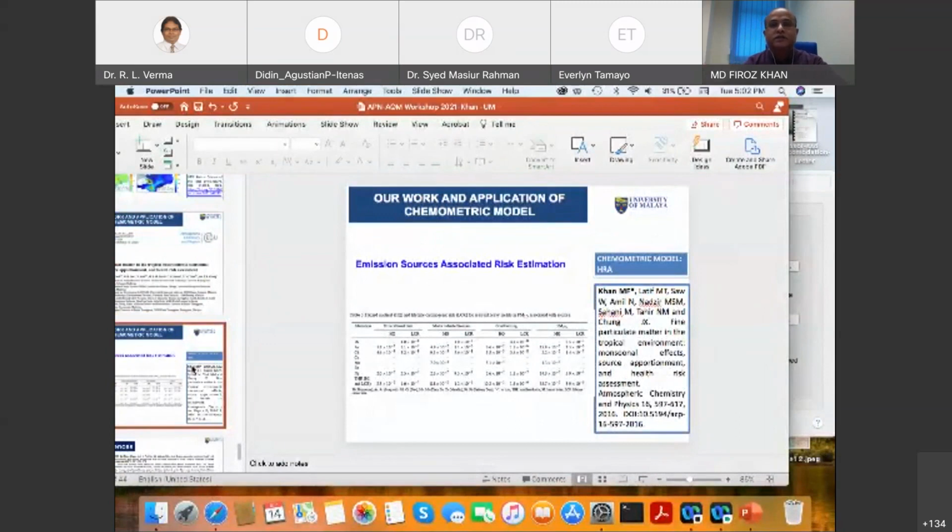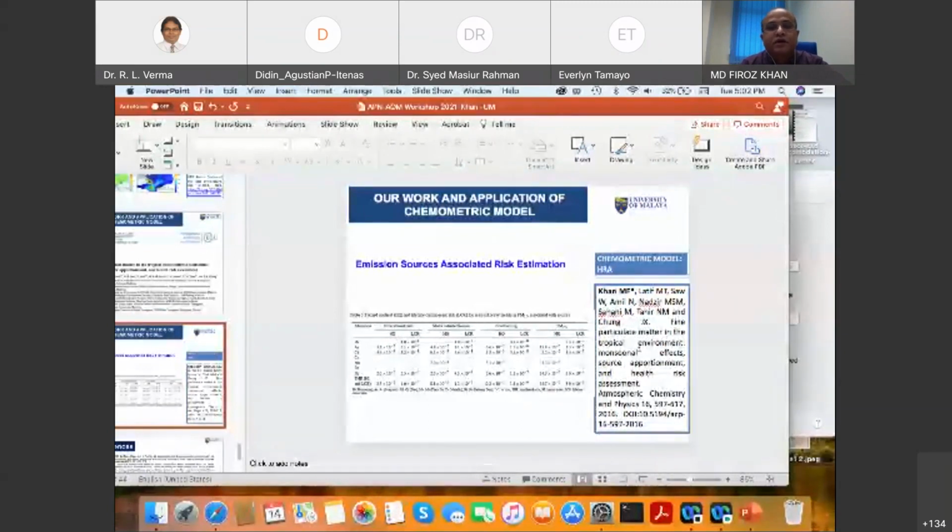Now our second or third challenge is how we can integrate this emission source into the estimation of human health risks. For example, in one of our papers, if you want to know more, I have inserted the bibliography of our paper.